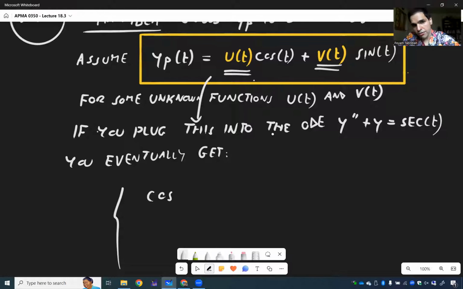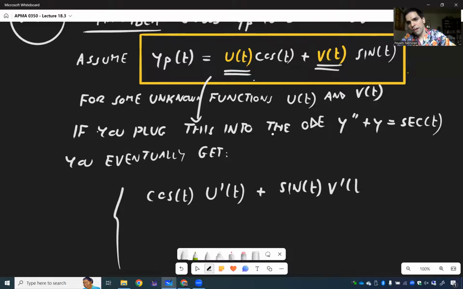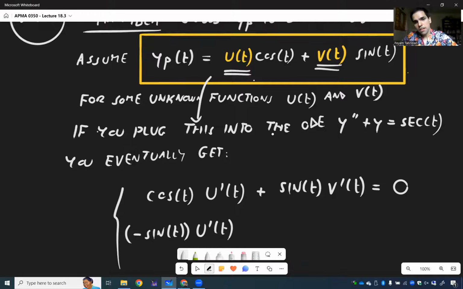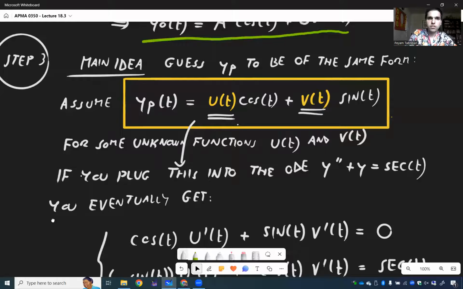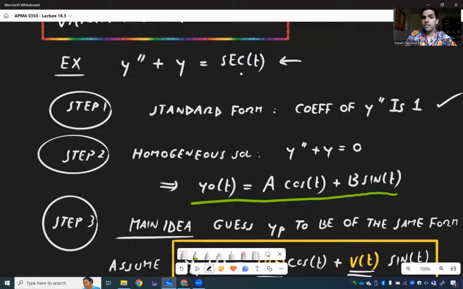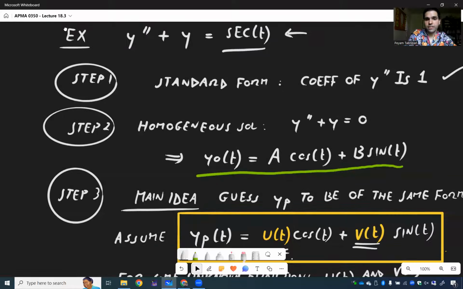I believe cosine of t u prime of t plus sine of t v prime of t equals 0. So that part will always be 0. And minus sine of t u prime of t plus cosine of t v prime of t, so precisely the derivatives, equals your inhomogeneous term, which was secant of t. So remember, in the beginning we had secant of t, and now we have secant of t.